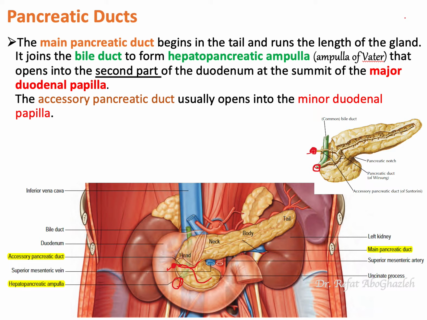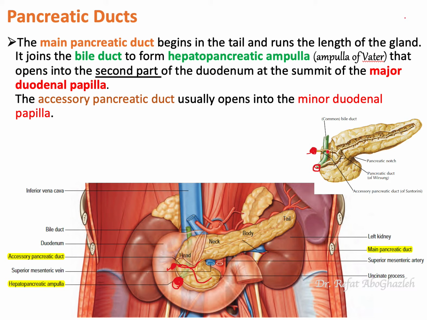In 70% the accessory pancreatic duct opens separately into the minor duodenal papilla, but in 30%, these kinds of variations, right, it joins the main pancreatic duct and opens into the second part of the duodenum via the major duodenal papilla.